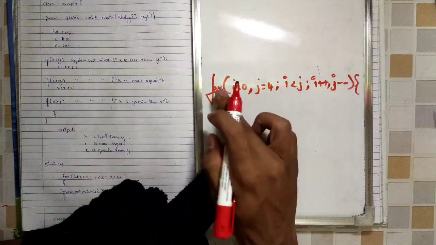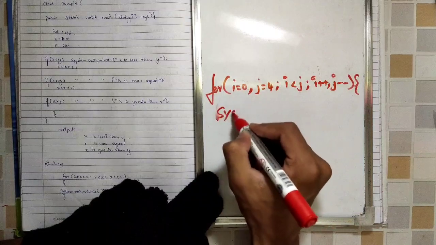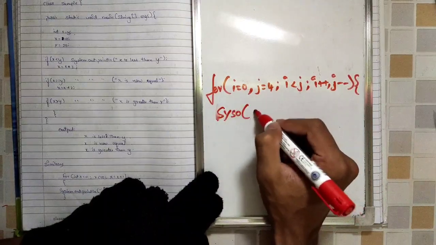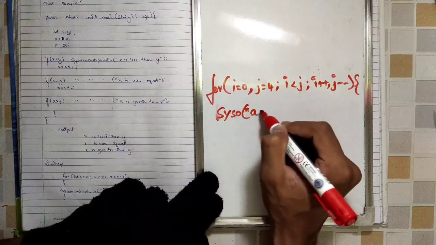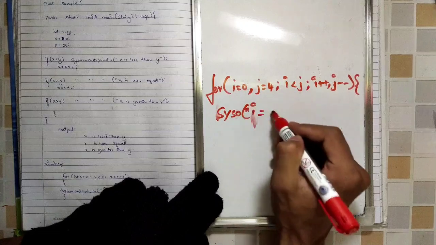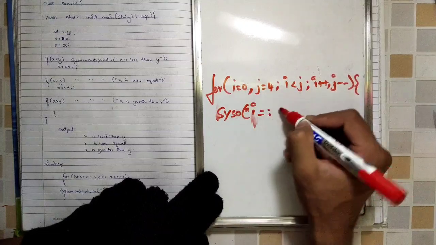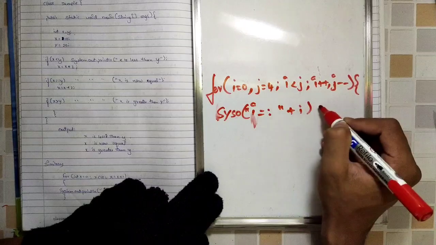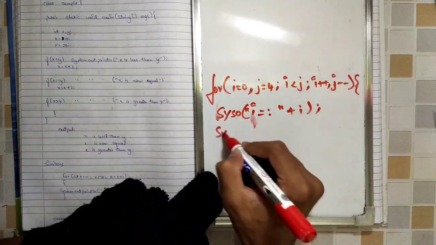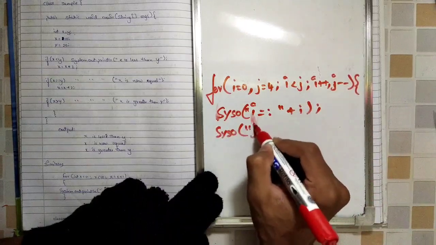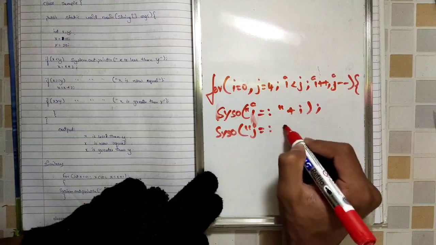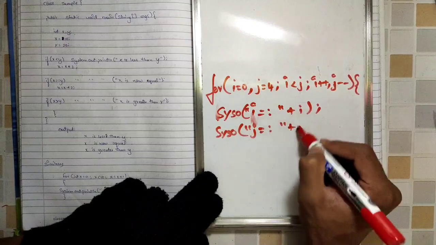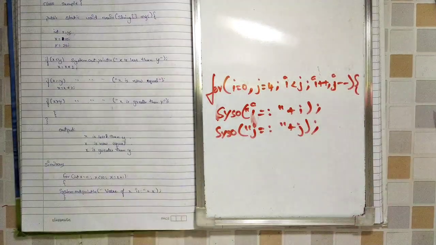Then I will write System.out.println, "i is equals to" plus i, same thing, "j equals to" plus j. Now let us see what will happen one by one.